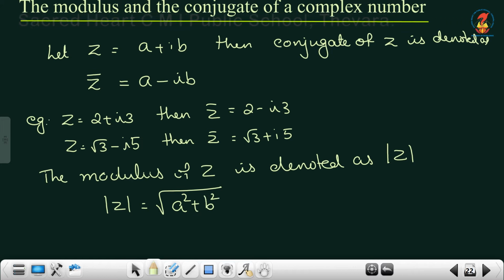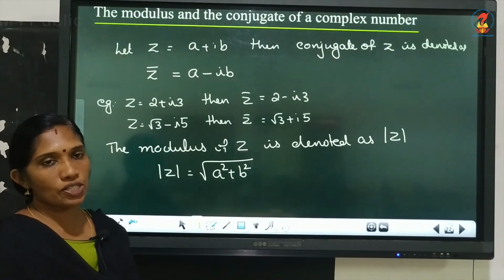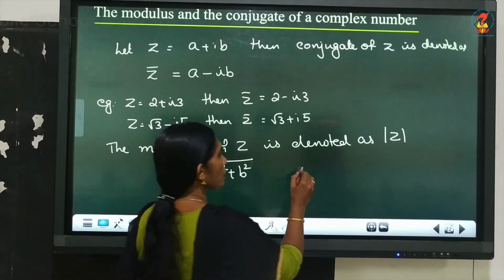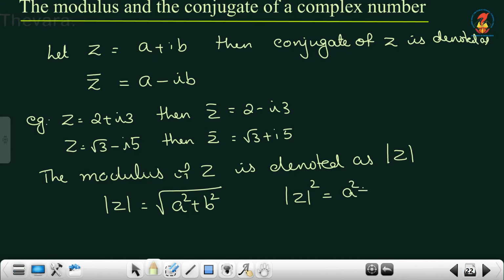That is, the modulus of the complex number is the root of real part square plus imaginary part square. So mod z square means a square plus b square. Okay, so these two you have to learn: conjugate of a complex number and modulus of a complex number.